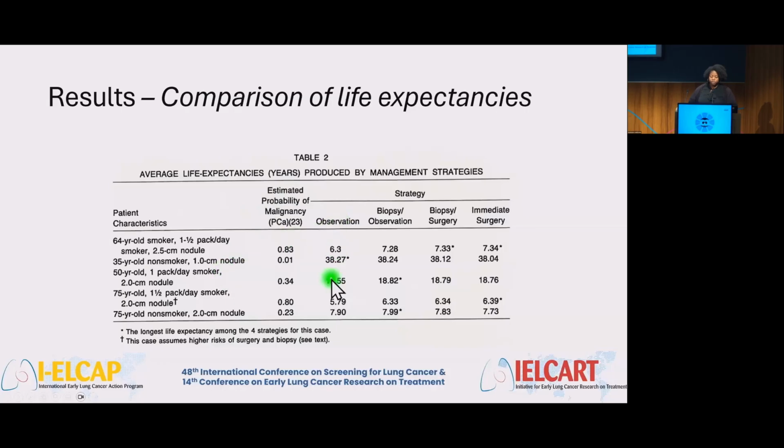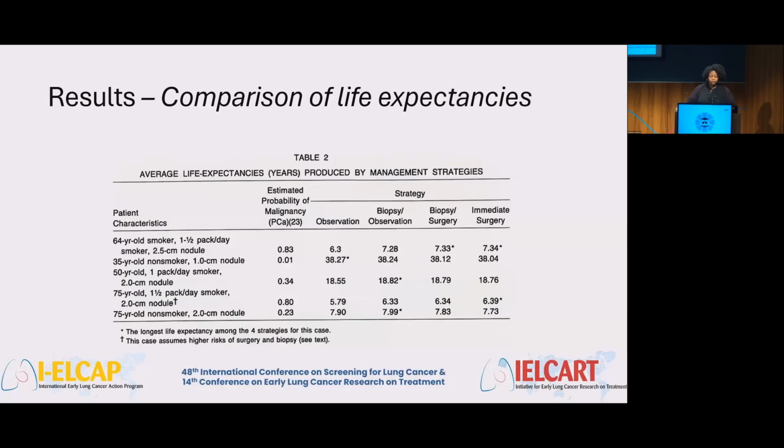These are the different options you have in terms of decisions: observation, biopsy, then observation, biopsy and surgery, or immediate surgery. And this gives you the average life expectancy produced based on those different strategies. From here, someone may look at this and understand what is my expected life expectancy based on this mathematical model.